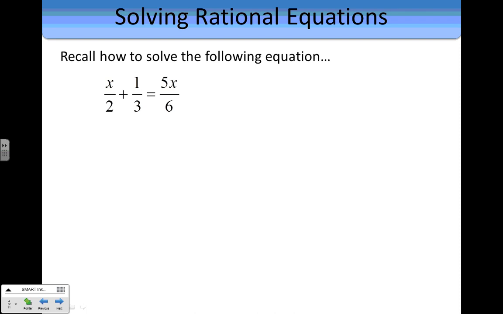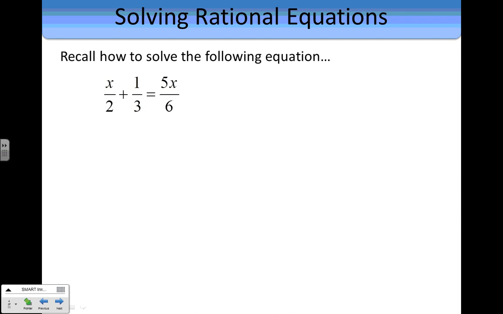And when we're trying to solve this, instead of trying to find common denominators to add the two sides together, which is something that we could do, and in this case it would be pretty easy to do, we know an easy common denominator between 2 and 3. But instead, because we're going to get to more complicated problems with polynomials, we want to find an easier way to go about this.